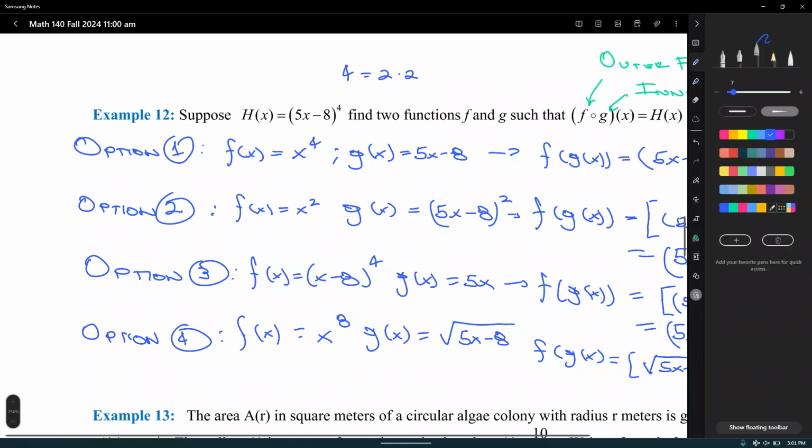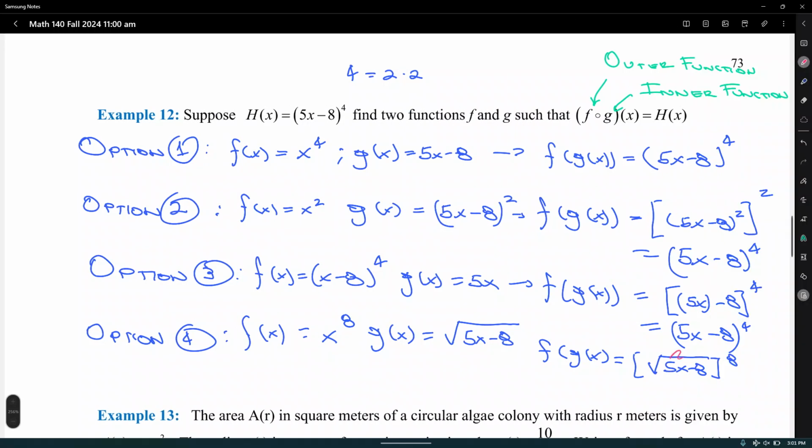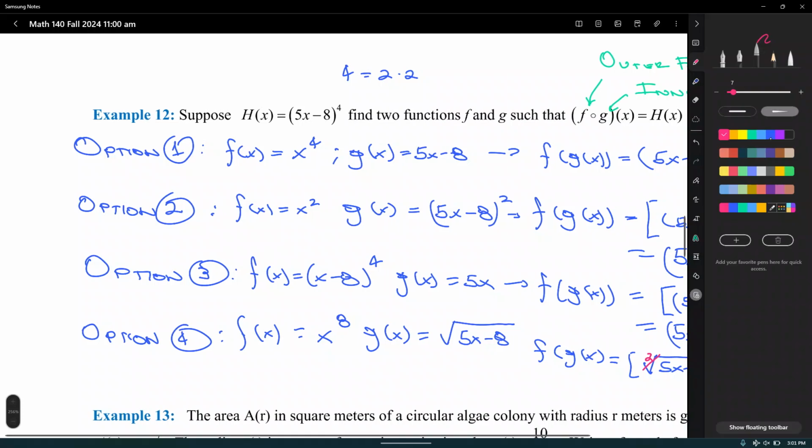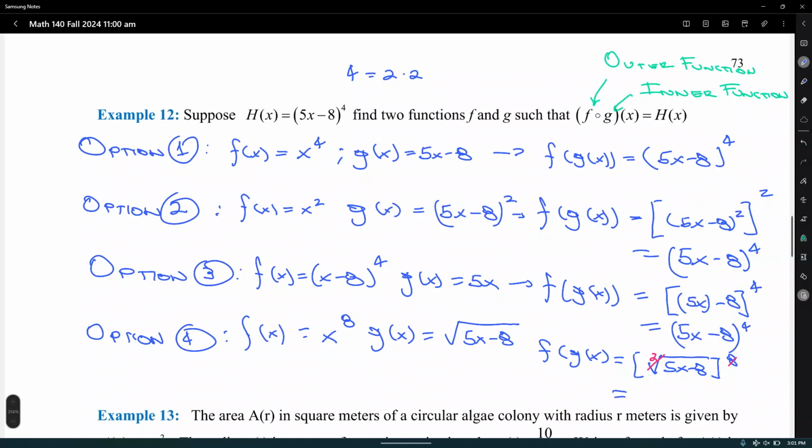Well, how about we simplify this radical with this 8, because this is an invisible 2, so 8 divided by 2 reduces to the original function we were looking at, 5x minus 8 to the 4th. And we can keep exploring even more ways to come up with a composition.